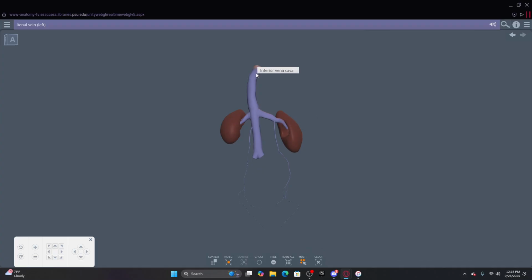Makes sense. So coming off the IVC, right gonadal vein. Coming off the left renal vein, we have the left gonadal vein. So right gonadal vein, left gonadal vein, IVC, renal vein.